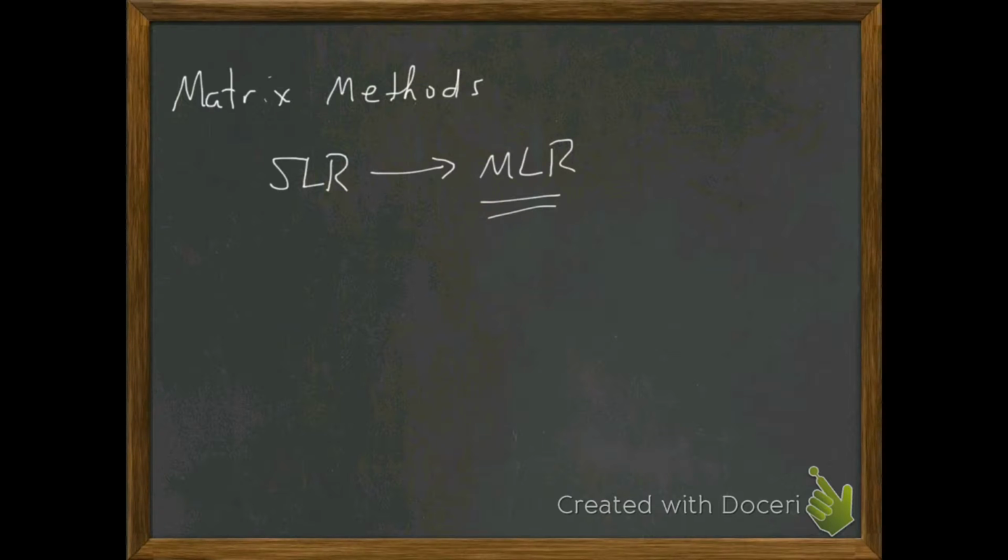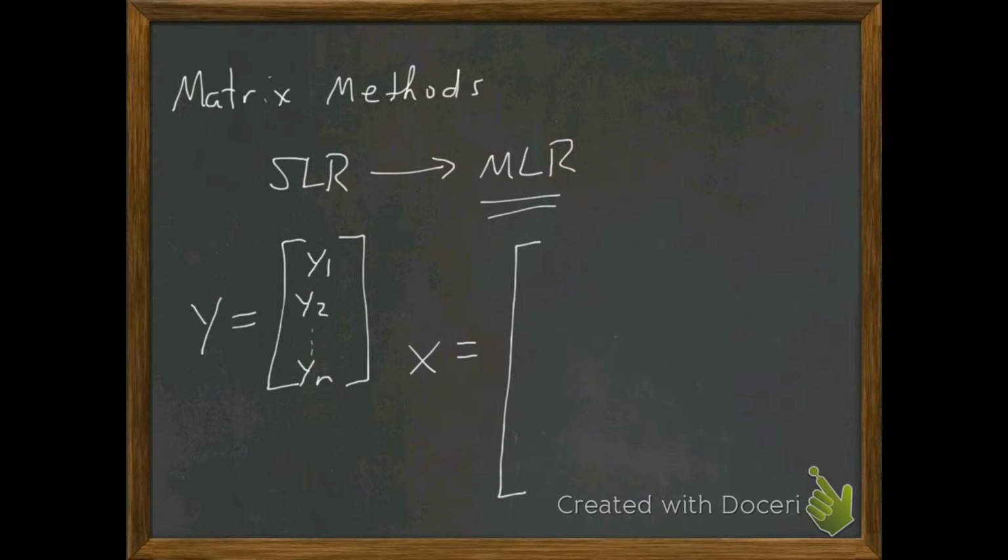For example, our response vector is still going to be like this, and our design matrix is going to look a lot like what we had before.